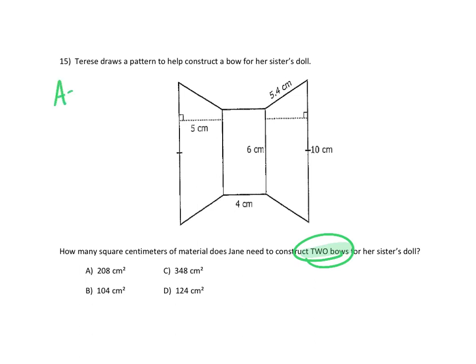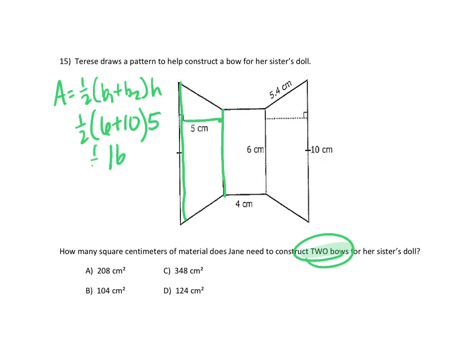So we're going to say area equals 1/2 base 1 plus base 2 times height. Base 1 is 6. Base 2 was 10. Height is 5. 1/2 of 16 times 5. What's half of 16? 8. 8 times 5 is 40.